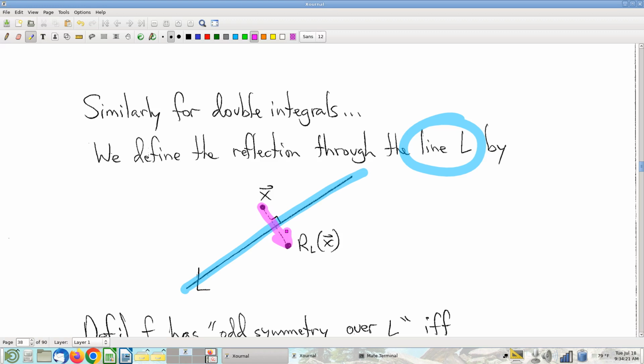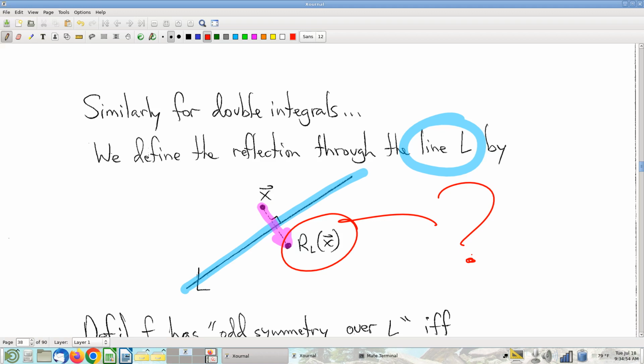So how we define this precisely, we could say, given a point x, the reflection is the point that makes this line segment perpendicularly bisected by the original line. So if you want to be precise about it, yeah, sure, we can do that. But I prefer to say it's exactly what you think it is. Right? And how you write down a formula for this reflection is going to depend very heavily on the picture. And we'll talk through some examples of that in a few minutes.